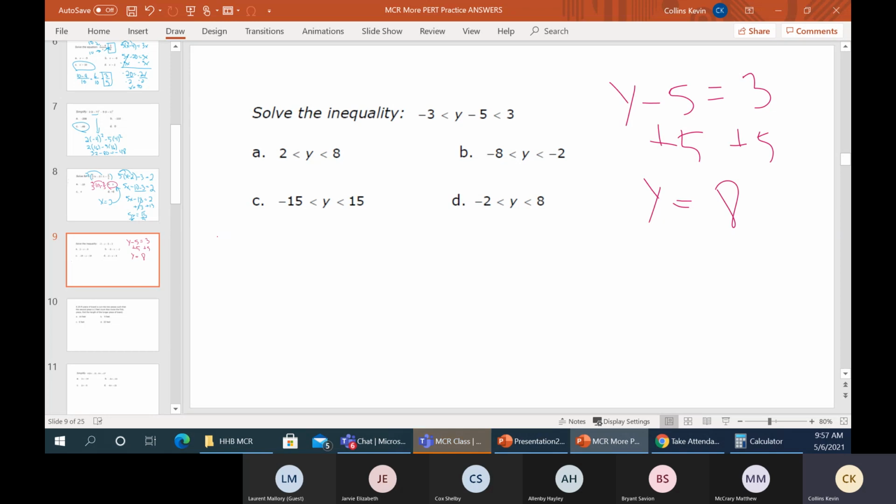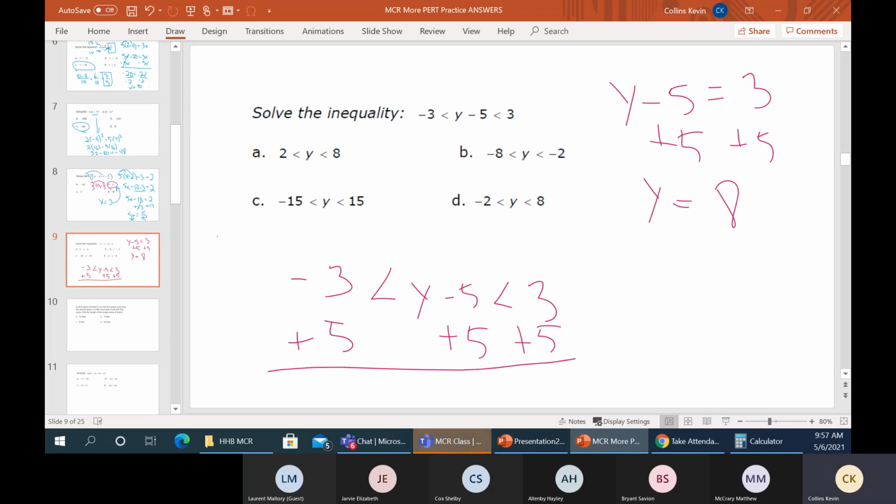This isn't any different. So I've got minus 3 is less than y minus 5, which is less than positive 3. So again, we add 5, but since there's two parts to it, you're going to add a 5 here and a 5 here. Okay, so we do that.